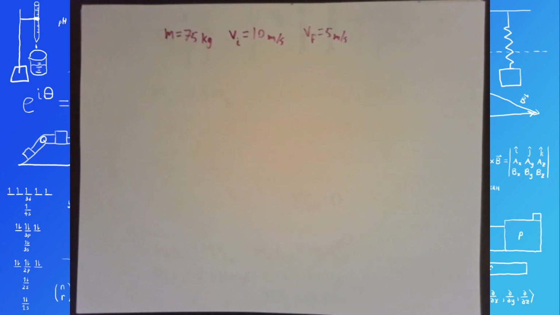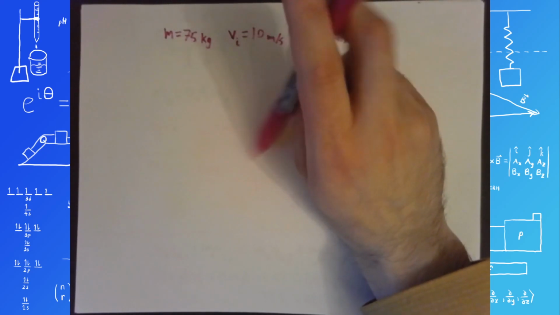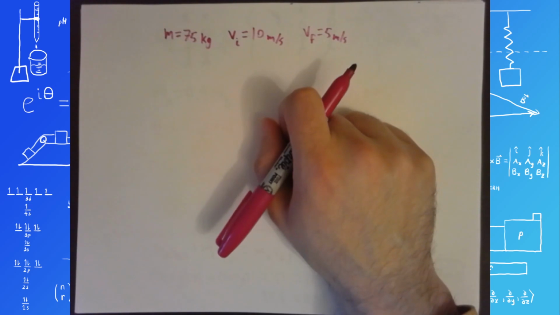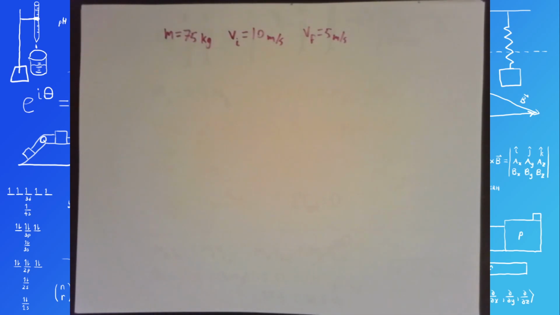No change in direction there, which is actually good, because if there was a change in direction, that would increase the force in the collision and thereby increase the likelihood of bones breaking. And we definitely don't want that. So I guess let's go ahead and calculate.